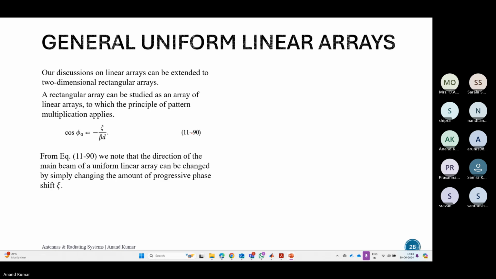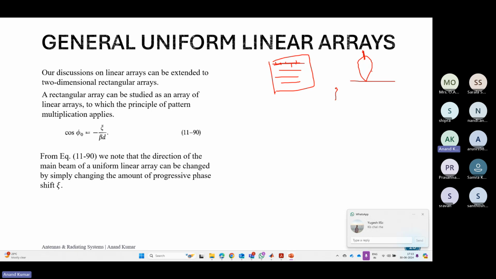Another thing is that we discussed linear arrays, right? So we had linear arrays like this, and we can arrange the linear arrays in the other direction as well and form 2D arrays. We saw that by changing the xi value, we were able to move from maximum radiation in the broadside to maximum radiation in the end fire direction.